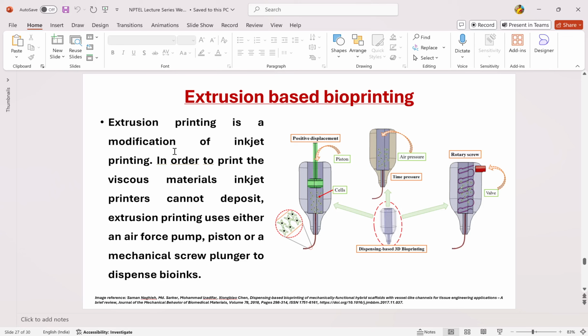So extrusion printing is a modification of inkjet printing. Inkjet printers cannot deposit viscous materials. Extrusion printing uses either an air force pump, piston or a mechanical screw plunger to dispense bioinks. So this is your piston, this is your air force pump, and this is the mechanical screw plunger to dispense bioinks. So when you have to print viscous materials which inkjet printers cannot deposit, then you will use extrusion based bioprinting.